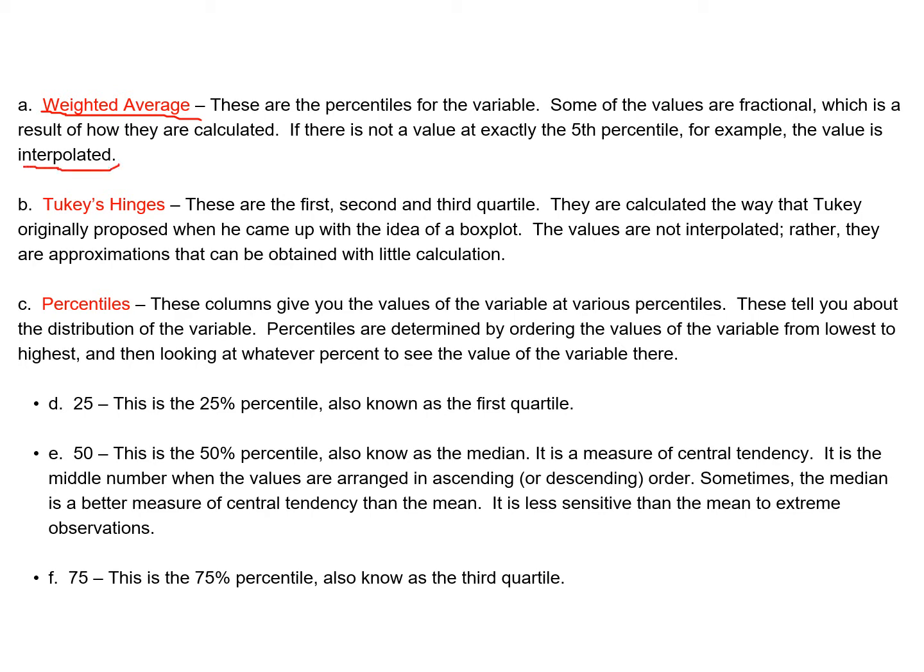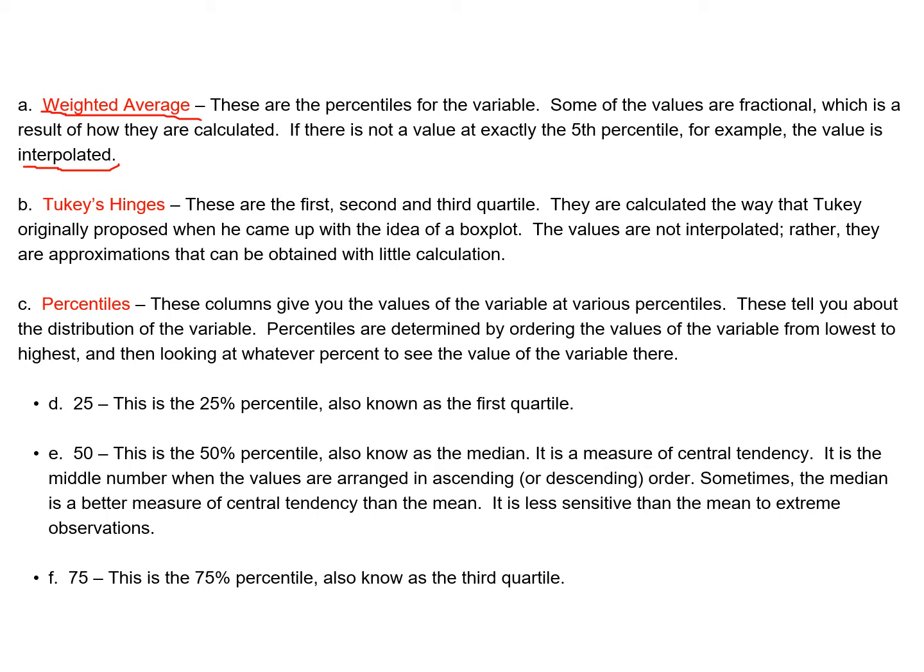Meaning to say, there are some modifications when it comes to computing the values for the weighted average. And usually, some of the values are fractional, which is the result of how they are calculated. Then you also have the Tukey's hinges.